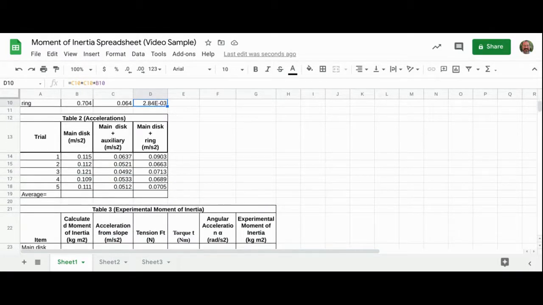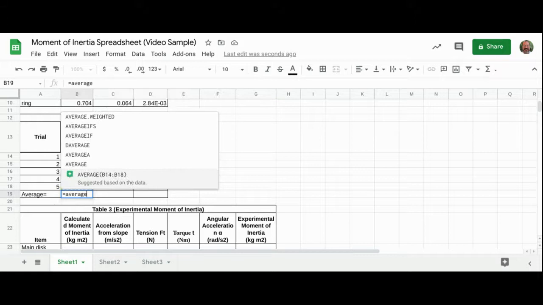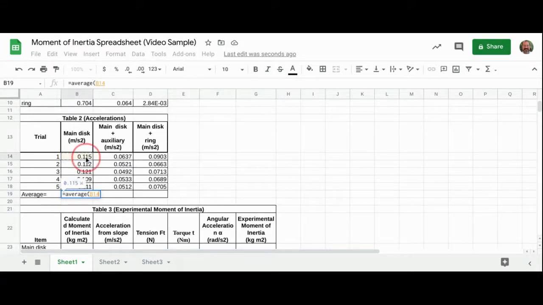So now I've calculated the inertias. Now I'm going to use the measured acceleration data to look at the experimental moment of inertia. So to do this, I'm going to average out the measurements. So I type in equals average, open parentheses, and I highlight all of the data, hit enter.